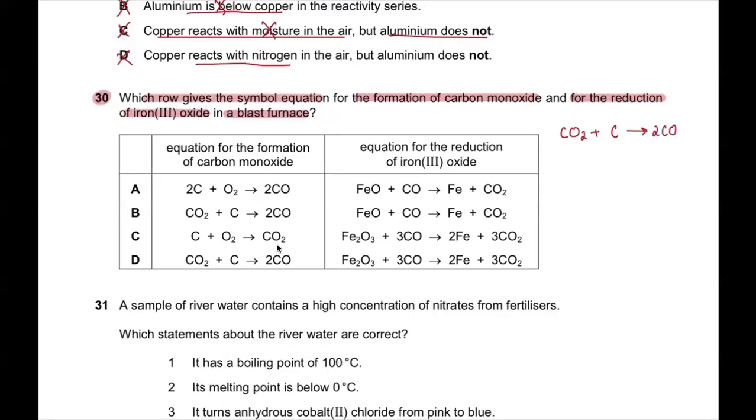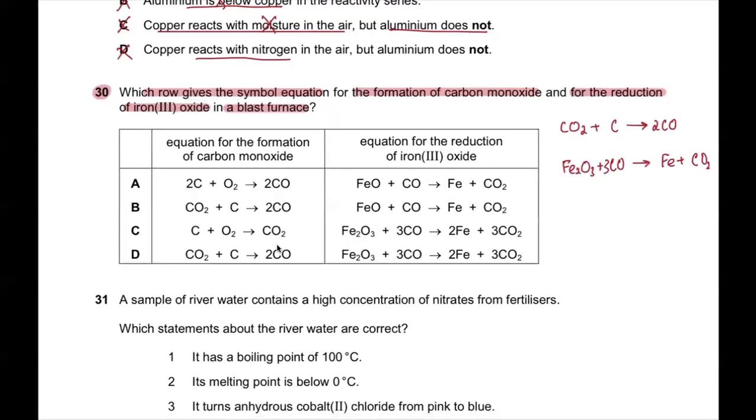Then Fe2O3 reacts with carbon monoxide forming iron and carbon dioxide. To balance this equation, you need to put 3 here, 3 here and 2 here.